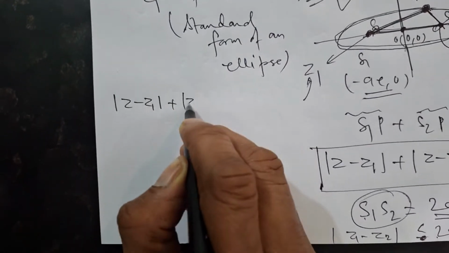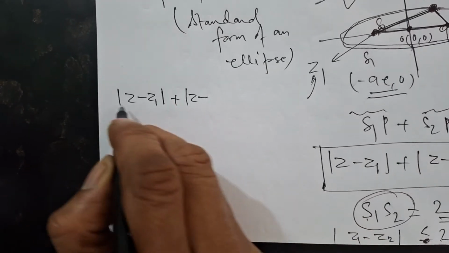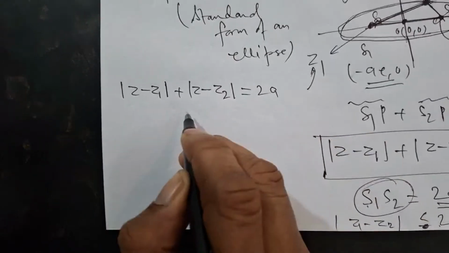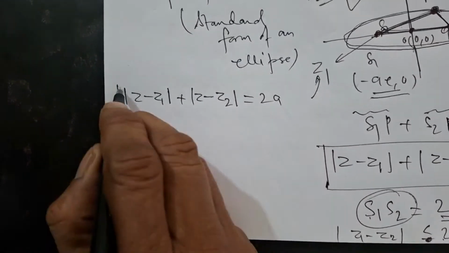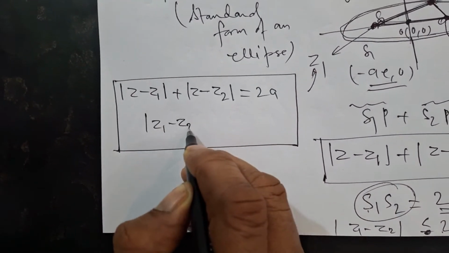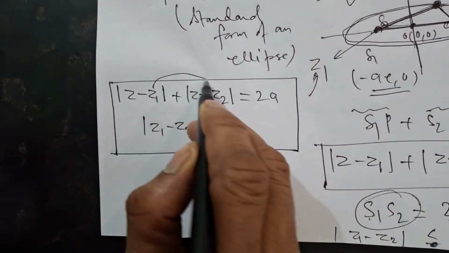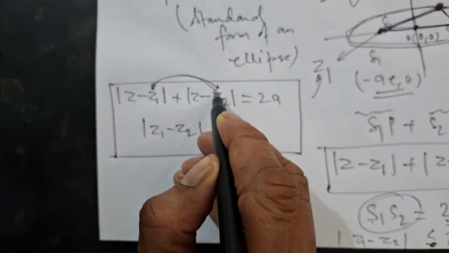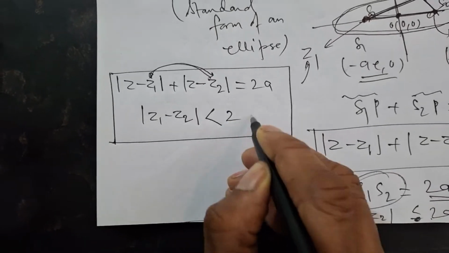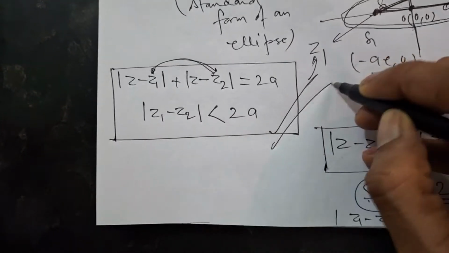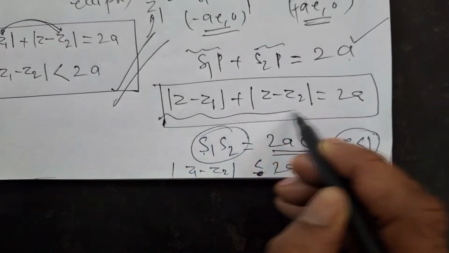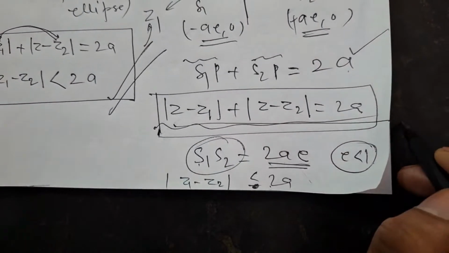Modulus of Z minus Z1 plus modulus of Z minus Z2 equals 2a. This is not a sufficient condition. One more condition I am giving: Z1 minus Z2, the difference of these two complex numbers, its modulus must be less than 2a. This is the condition of an ellipse. If your exam asks whether this is an ellipse or not, how to check?